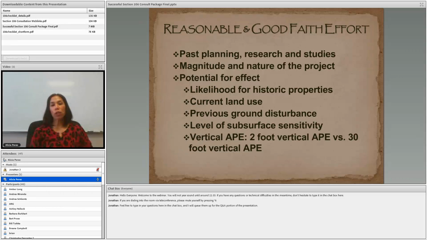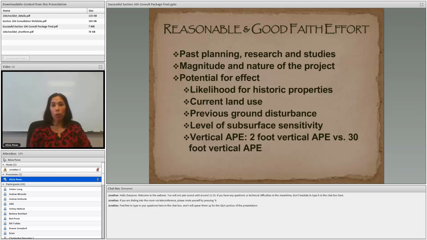So what is a reasonable and good faith effort? It depends. It depends on the undertaking, and it depends on the potential for effect. Also, past planning and research studies, perhaps these are still valid, so you can use those rather than update anything. Again, the magnitude and nature of the project or undertaking is going to greatly influence your efforts. And potential for effect. So what is the likelihood for historic properties within the APE? Current land use, again, plays a huge role.